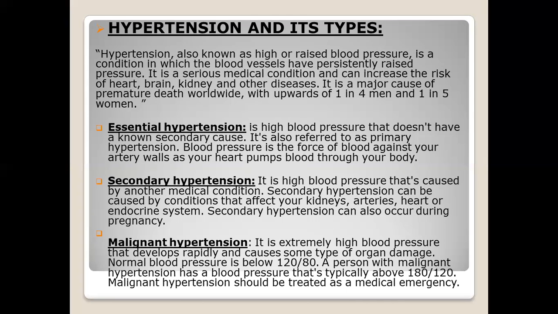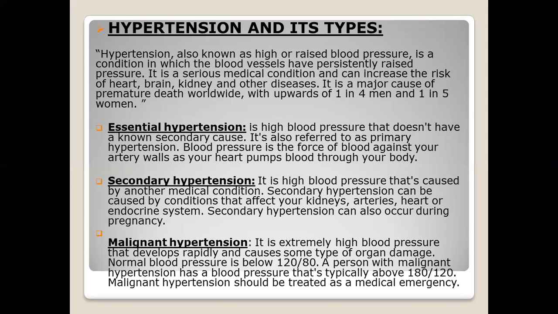For example, if your kidneys are infected, your arteries are infected, or you are having some endocrine issues in your body, then you might develop secondary hypertension. For example, if your arteries are blocked due to atherosclerosis, you will become a patient of hypertension, that is secondary hypertension.